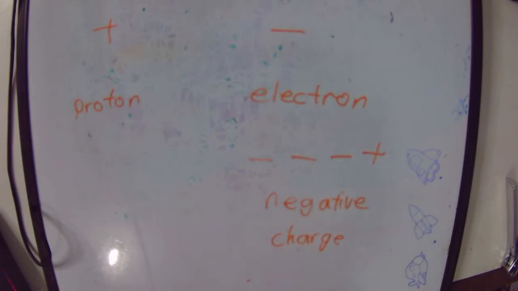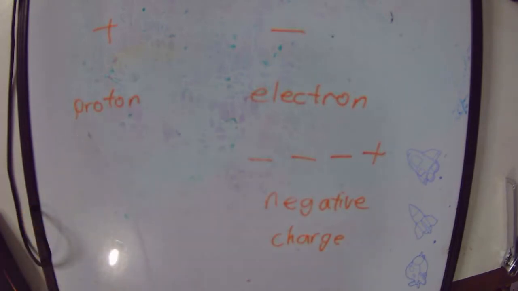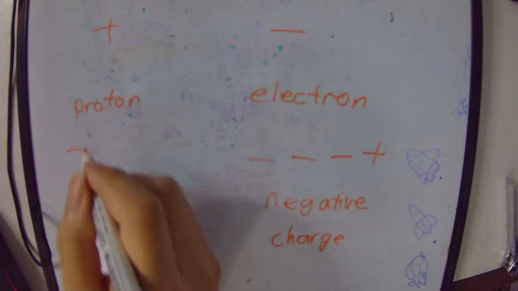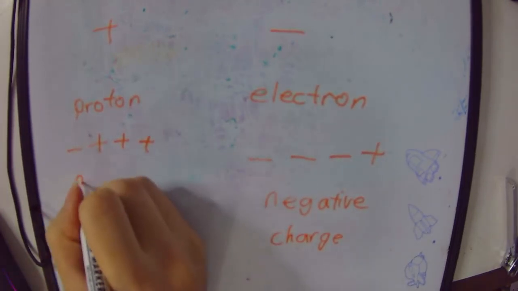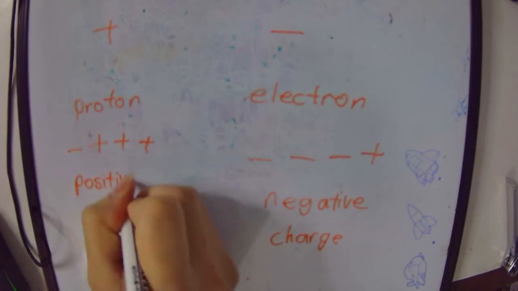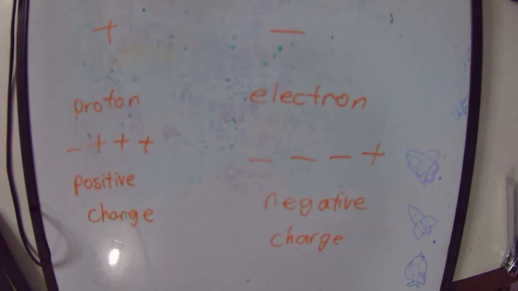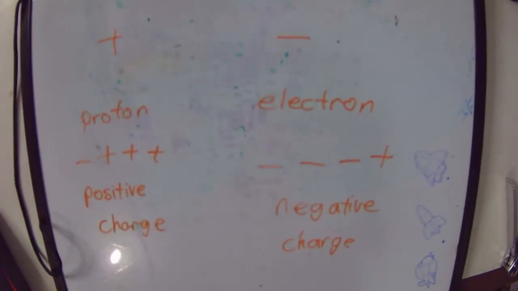Just because it's a negative charge, it doesn't mean there are no protons or no positive charges. It's just that because there are more electrons, it has an overall negative charge. Same thing, if it loses a few electrons and it has more protons, then we have an overall positive charge. So far, so good. These are things that you already know from Form 1.